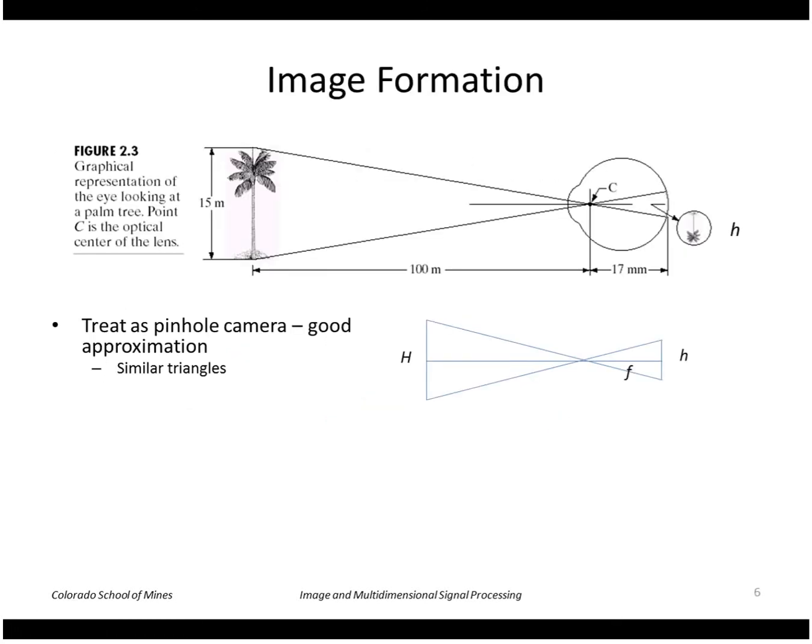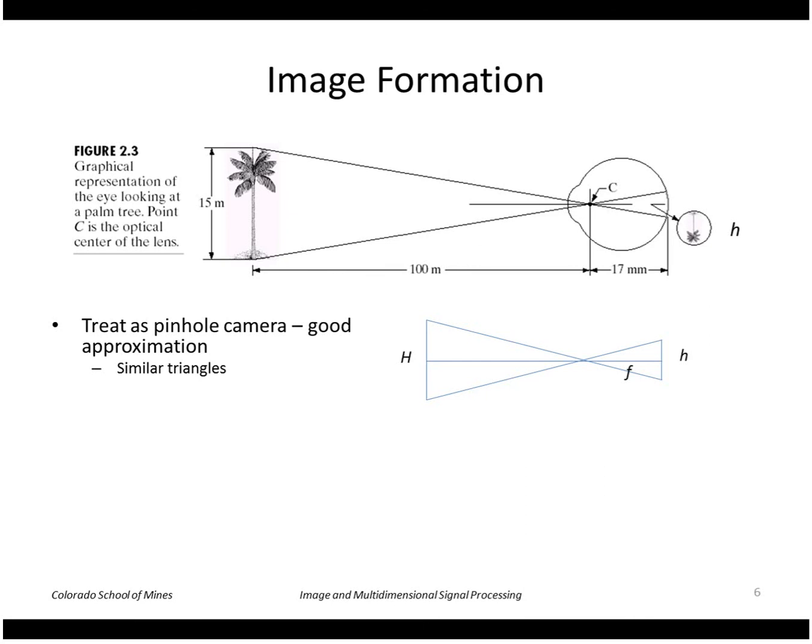Let's look at how we can predict image formation. So here's, let's say, a human eye, and we want to estimate how big an object would be projected on the retina here. For the rest of the course, we're going to treat cameras as a pinhole camera.